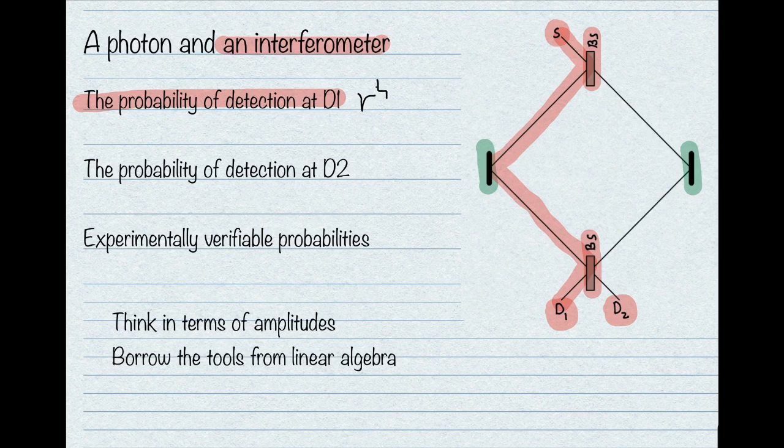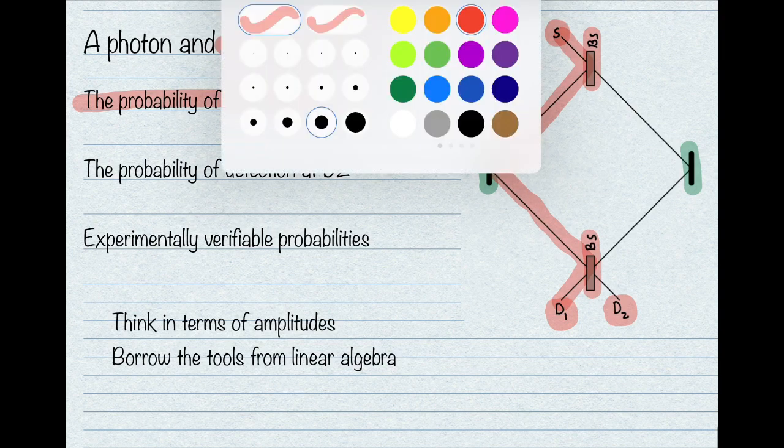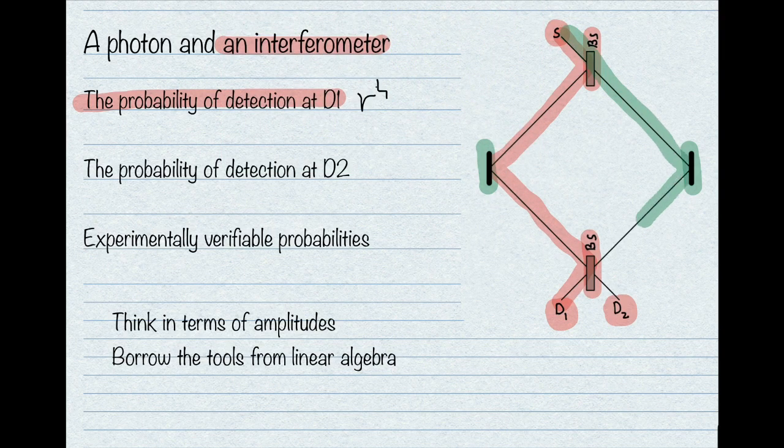The photon can also be detected at D1 if it is transmitted through both beam splitters. The probability of this event is T raised to power 4. This makes the total probability of the detection of the photon at D1 to be R^4 plus T^4.